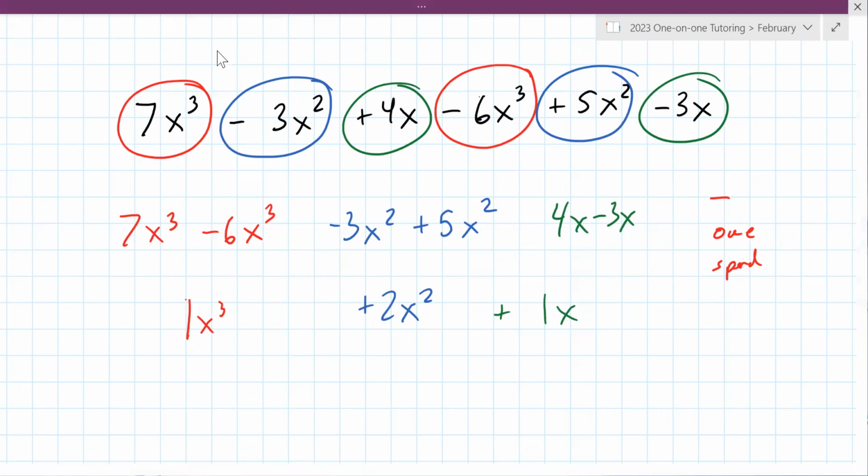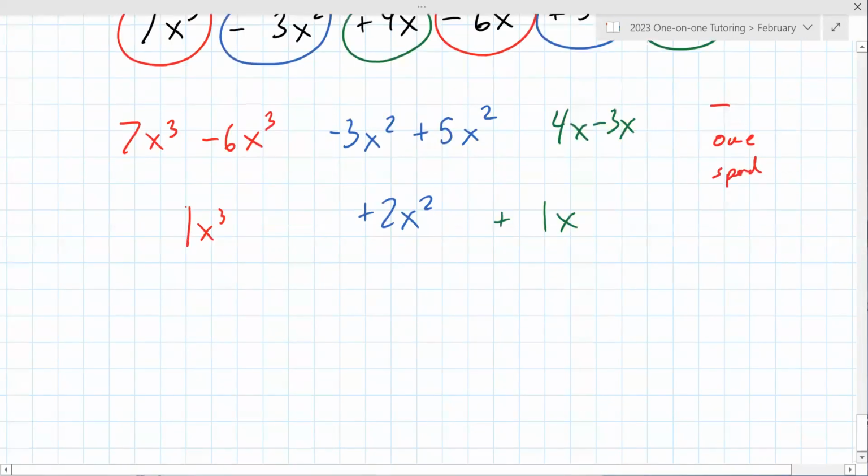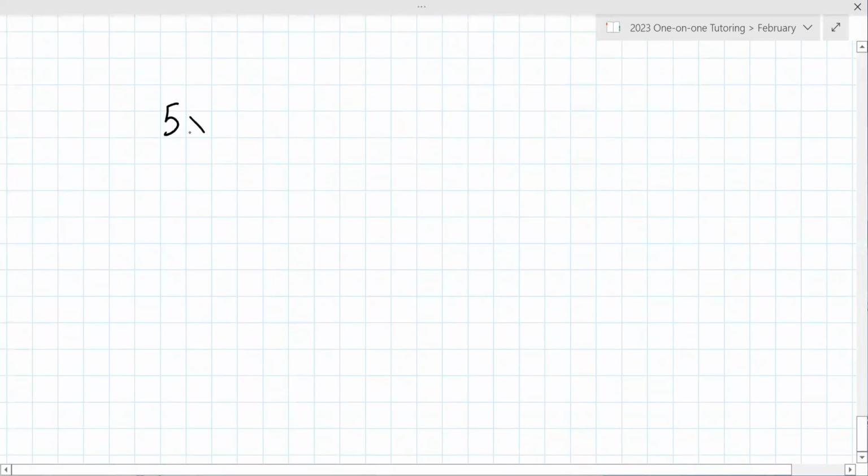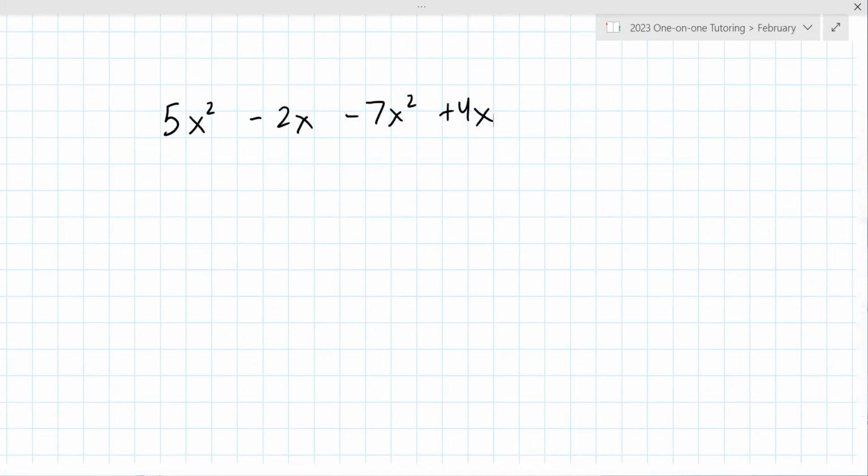So let me have you try one on your own here. I'll make it a little simpler. Let's go 5x squared minus 2x minus 7x squared plus 4x. Go ahead and work this out on your own, please. -2 and regular 2.